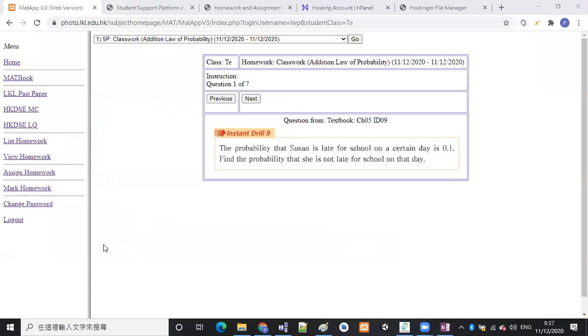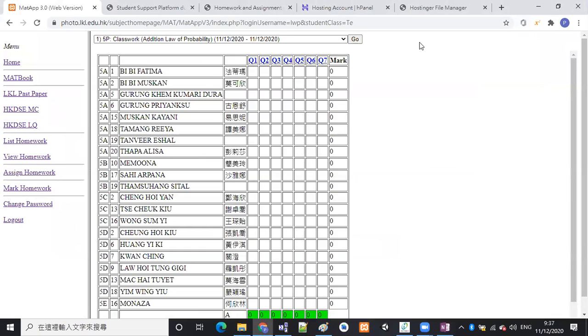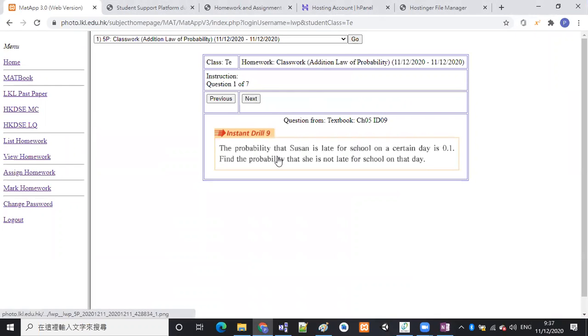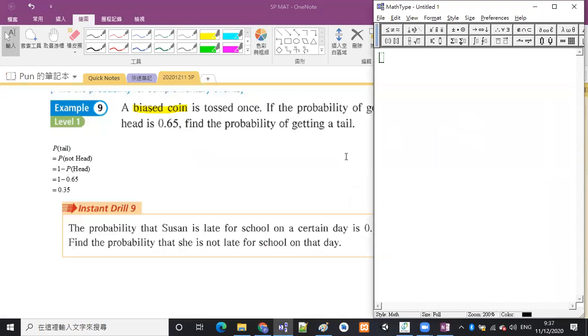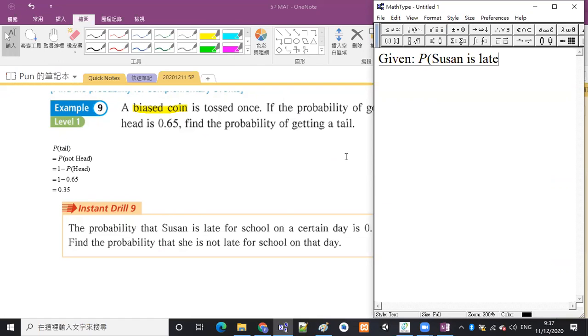So instant drill number 9. The probability that Susan is late for school on a certain day is 0.1. 呢個係 given 嘅係咪？嗱，即係你可以咁樣寫低嘅，即係 given. What is given is the probability that Susan is late is equal to 0.1.